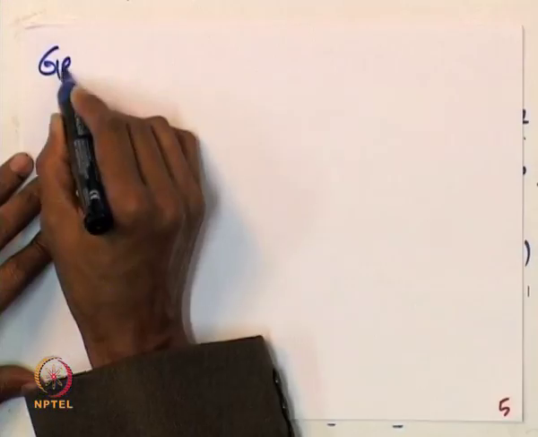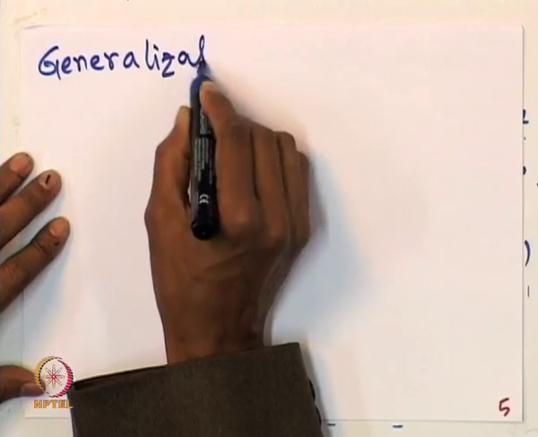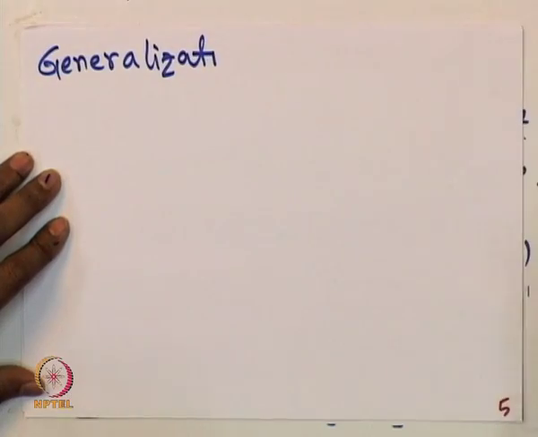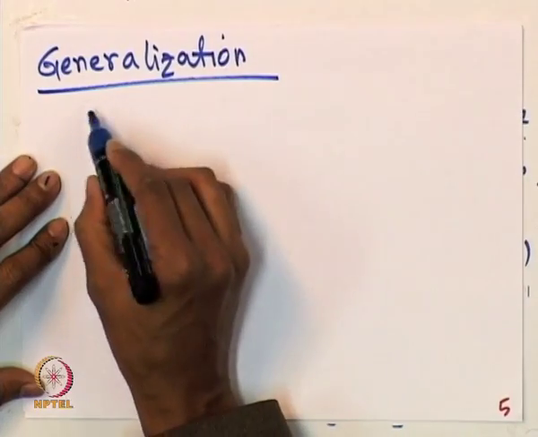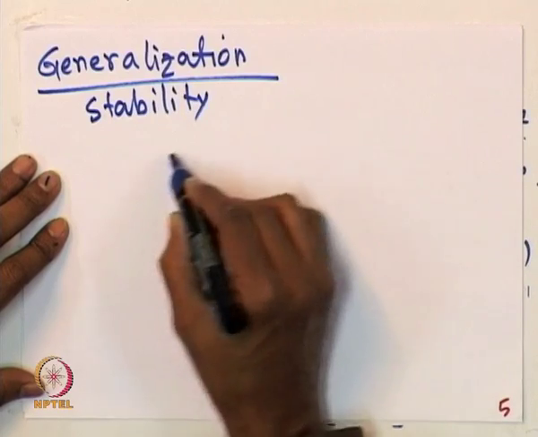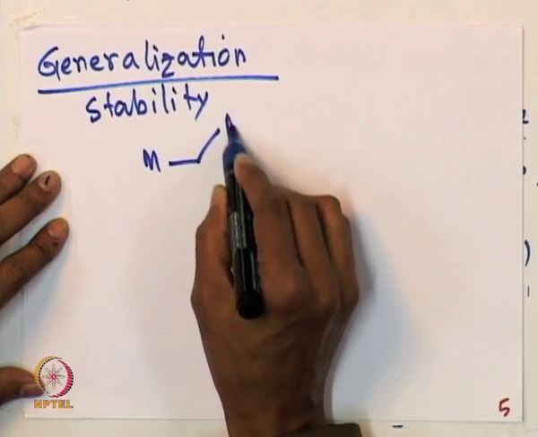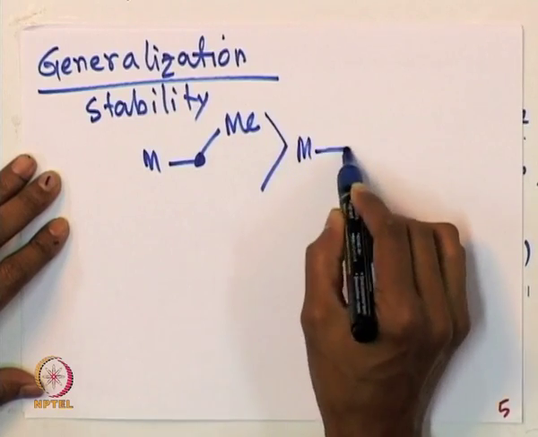We have the generalization: the stability is very simply, as we tried to say, metal primary alkyl, this is a primary one, is more stable than metal secondary alkyl.